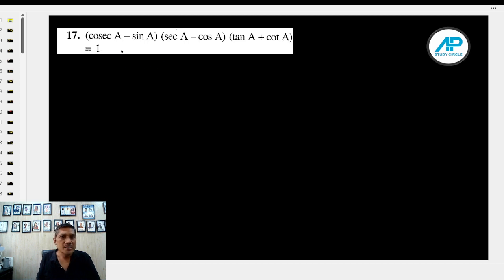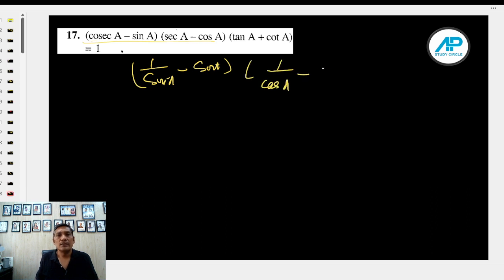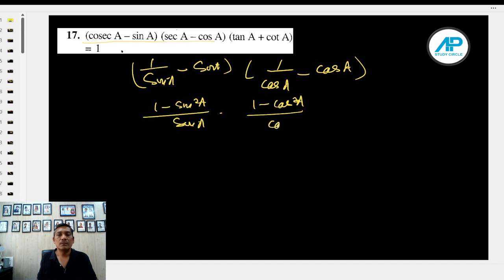I can see now in this question there is no such identities being formed by the first two brackets. What should I do? I should change cosec and sec into lower step: 1 upon sine A minus sine A, 1 upon cos A minus cos A, 1 minus sine square A upon sine A, 1 minus cos square A upon cos A. What is 1 minus sine square A?